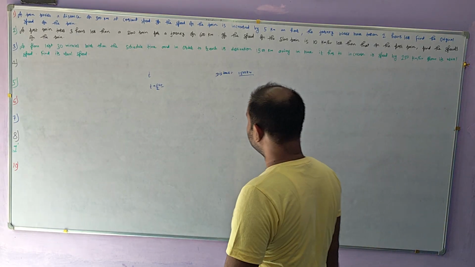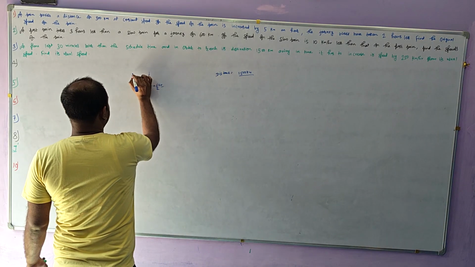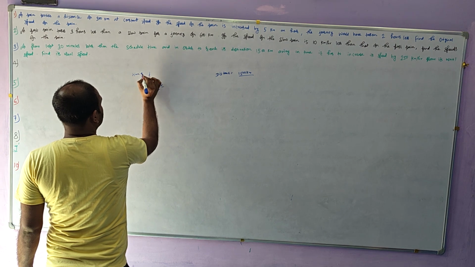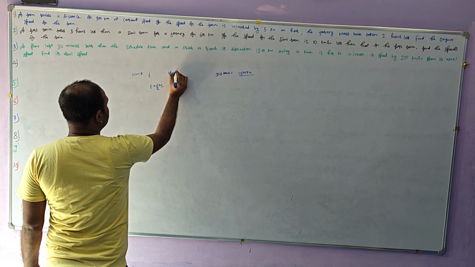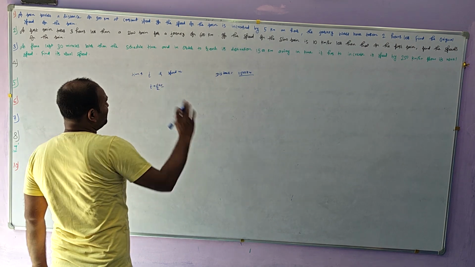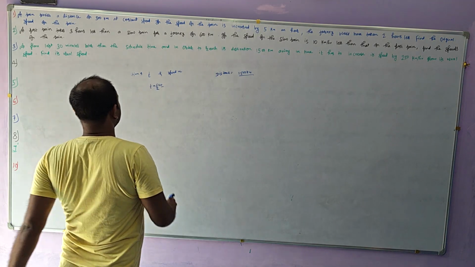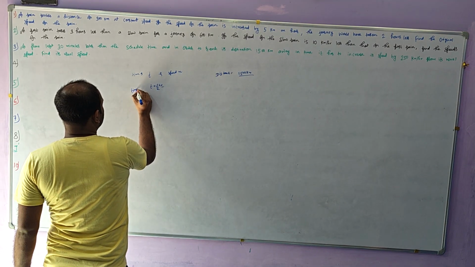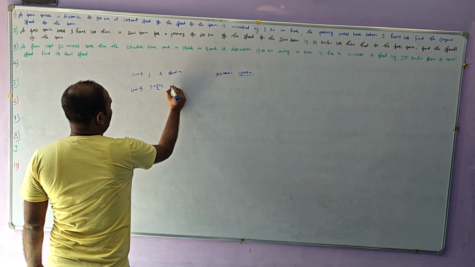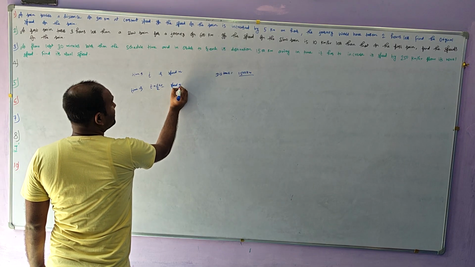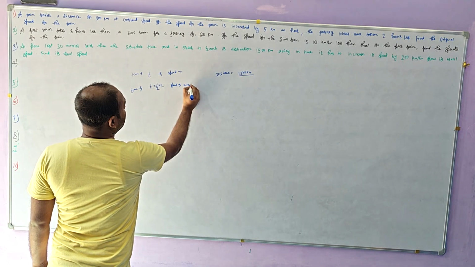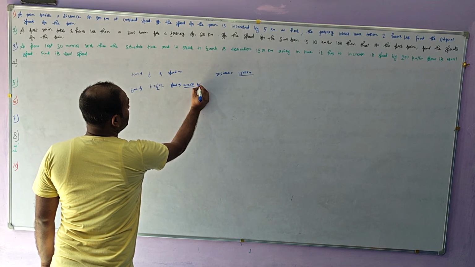Now let us consider time is t and speed is x in a normal condition, and when time becomes t plus half, speed becomes x plus 250 kilometers per hour.